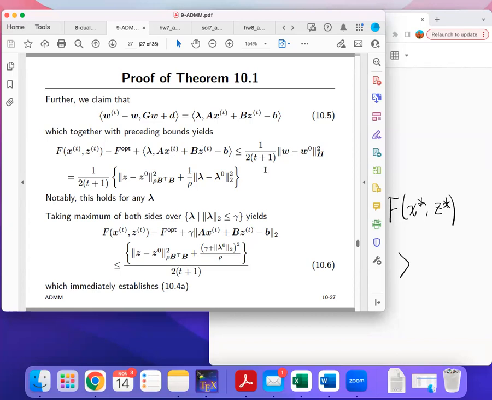Now the right-hand side, this term, again, by definition of omega, equals the sum of these two terms. You can check by the definition of omega and the definition of that H norm. So the norm based on H, just plug them into the definitions. You can simplify it to this result.